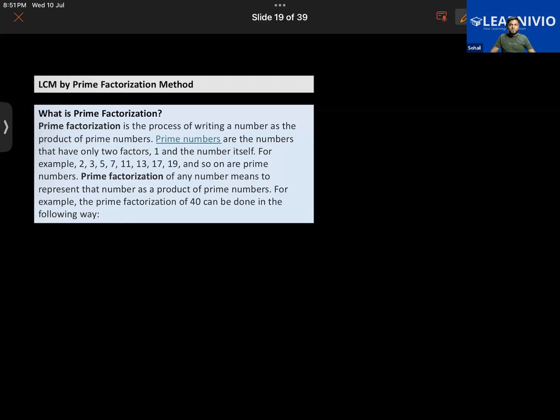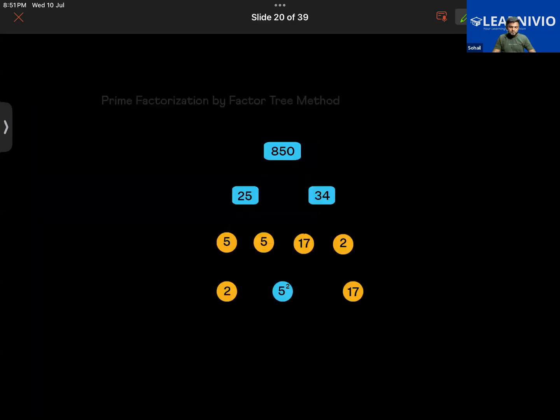For example, 2, 3, 5, 7, 11, 13, 17, 19, and so on are prime numbers. Prime factorization of a number means to represent that number as a product of prime numbers. For example, the prime factorization of 40 can be done in the following way.